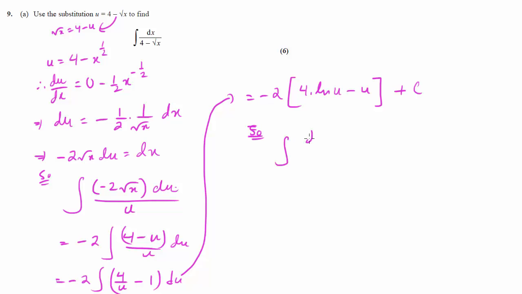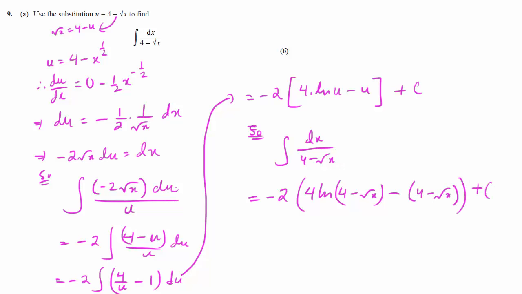So the integration of dx divided by 4 minus square root of x is going to be minus 2 times 4 ln u. We know the value of u is 4 minus square root of x, and minus u is going to be again 4 minus square root of x, and we have a plus c over here.